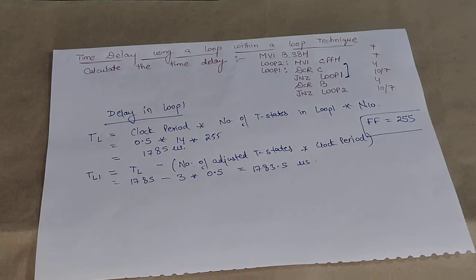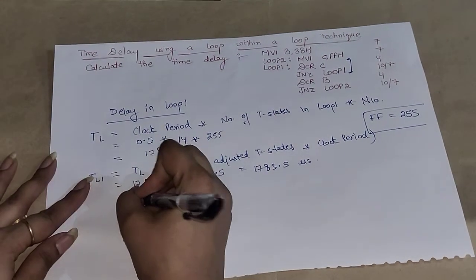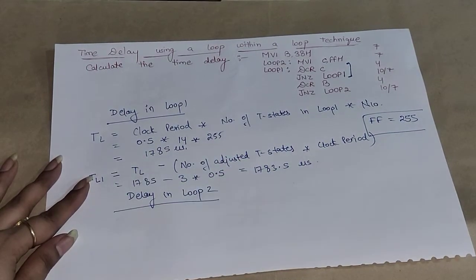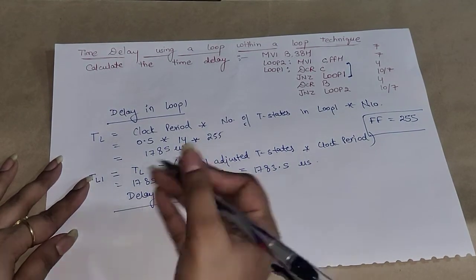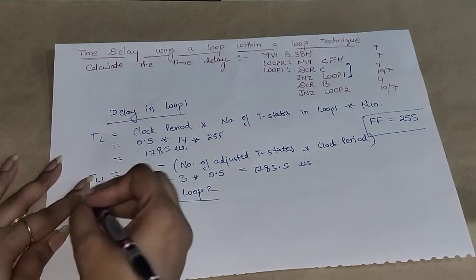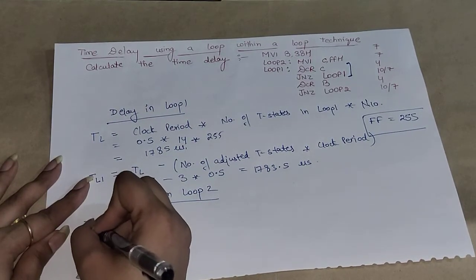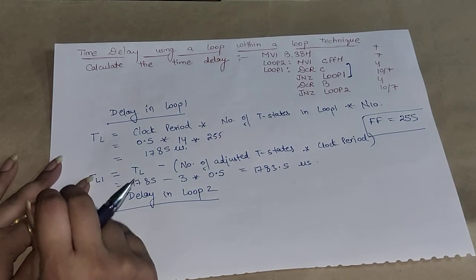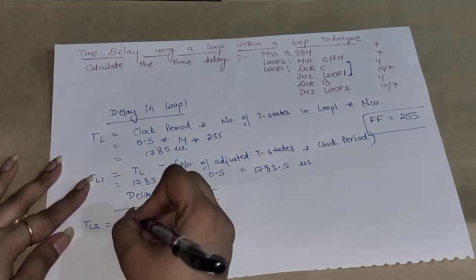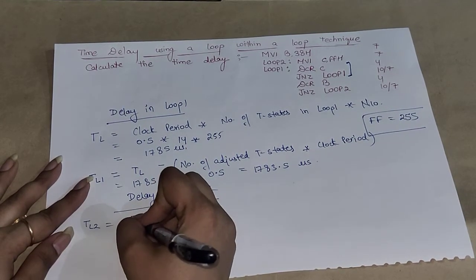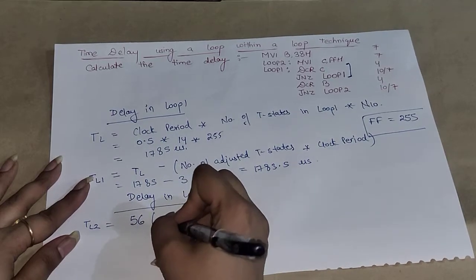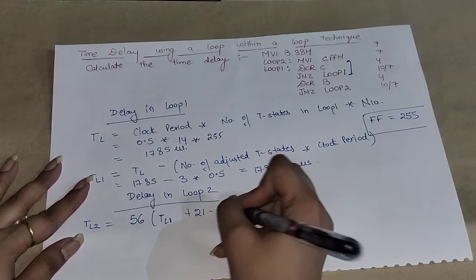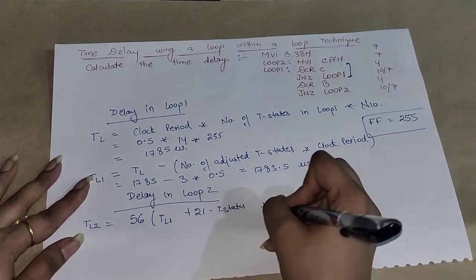Now let's calculate the delay in loop 2. This is similar to loop 1. Clear? Let's start. There is a slight change in loop 2. Please notice that. I am calculating the adjusted loop delay. This is equivalent to 56 multiplied by TL1 plus 21 t states into 0.5.